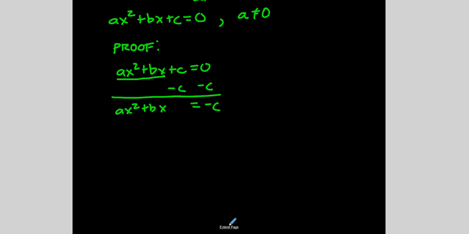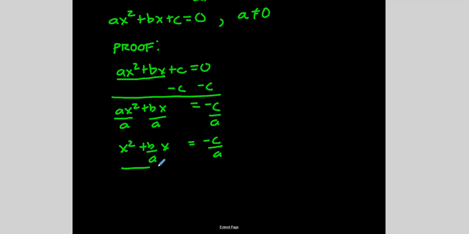The next thing we talked about when completing the square is the x squared term must have a coefficient of 1. So my next step is to divide everything by a. Okay, so now I have x squared plus b over a times x equals negative c over a.